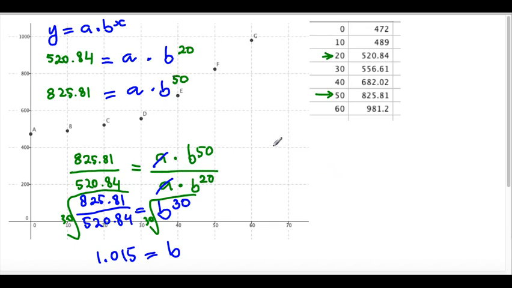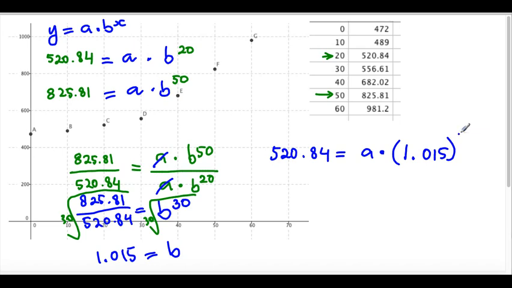So for instance, if I take the first one, I will have 520.84 equals a, and then if you still have it in your calculator, you could probably just fill in your answer, still in the long decimal places. But at the moment, I will just put what we have just gotten before.